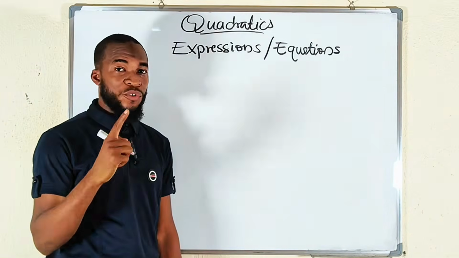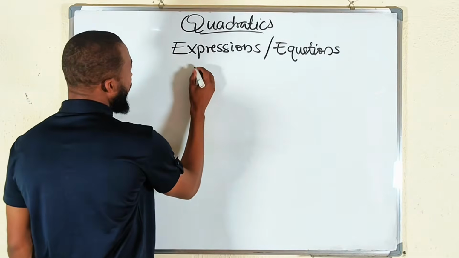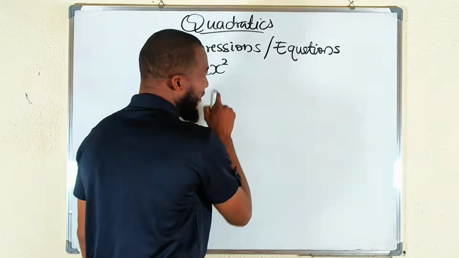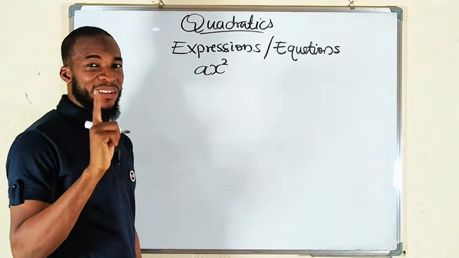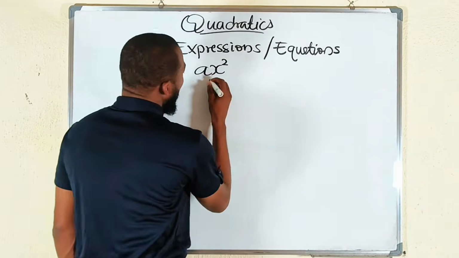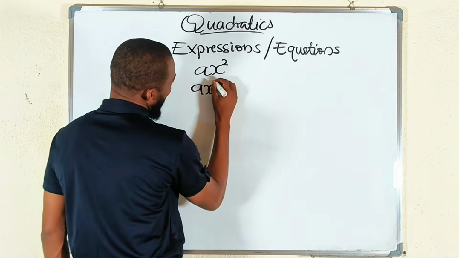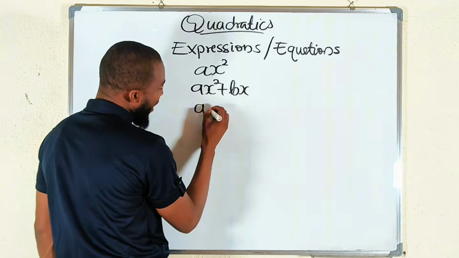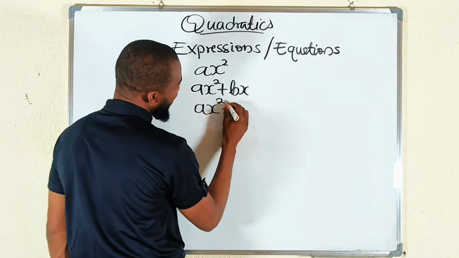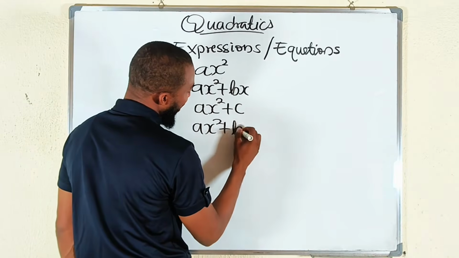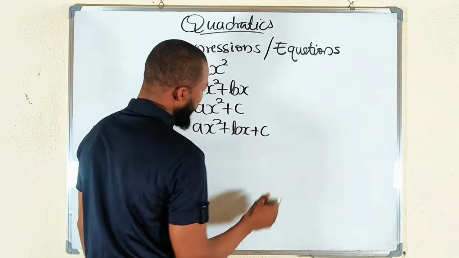You should know that quadratics can appear in the form of ax squared, where you have only a single term. This is an expression, right? You can have ax squared plus bx. You could have ax squared plus c, and lastly ax squared plus bx plus c.